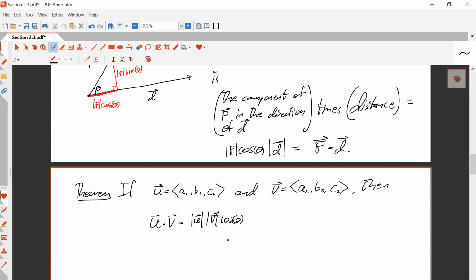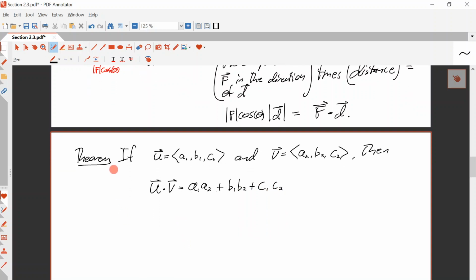But other than that, we will also get that U dot V is just the product A1 A2 plus B1 B2 plus C1 C2. So that's for three-dimensional vectors. So that's the first part of the theorem.